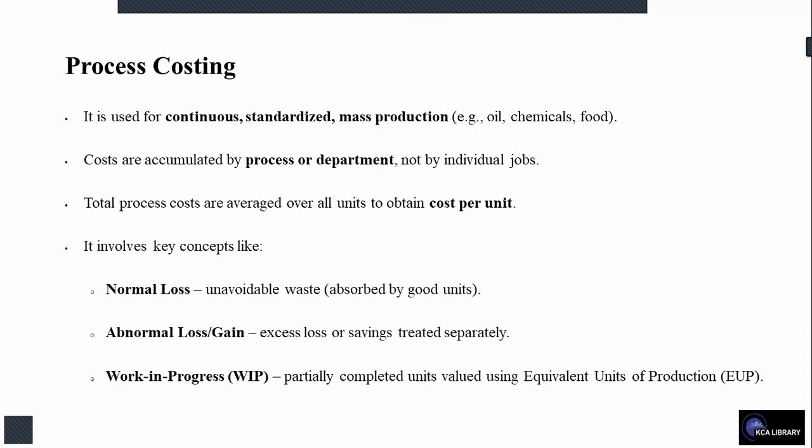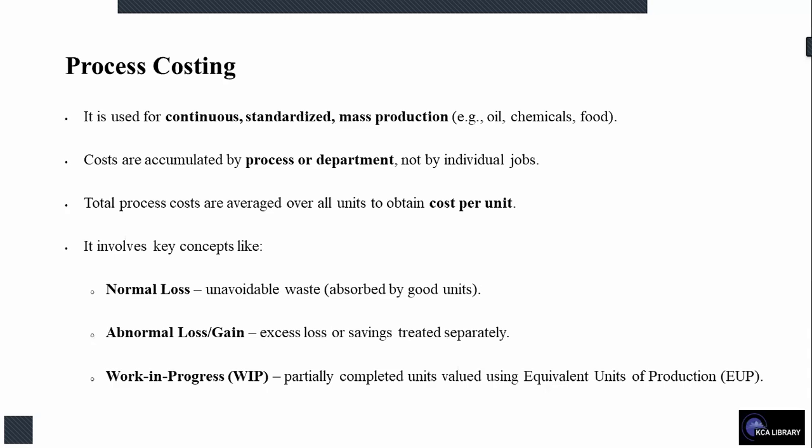Process costing is used for continuous standardized mass production, such as oil, chemicals, and food. The costs are accumulated by process or department and not by individual job, unlike job costing. The total process cost is averaged over all units to obtain cost per unit.